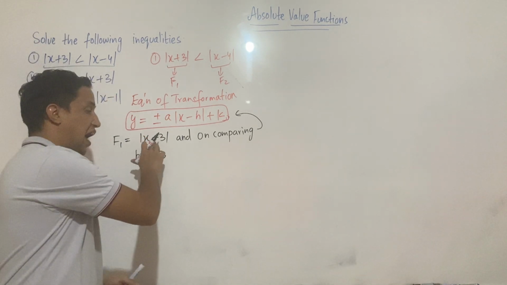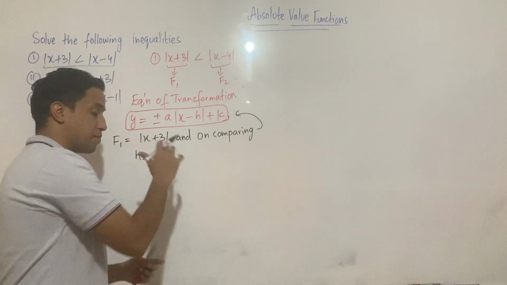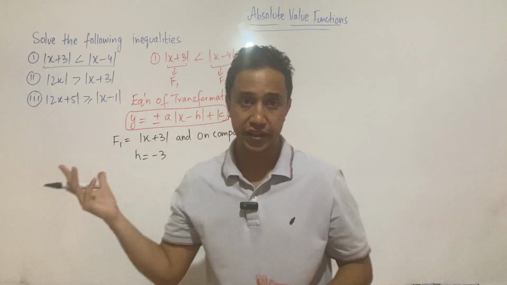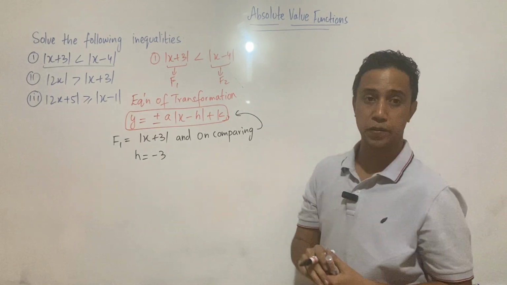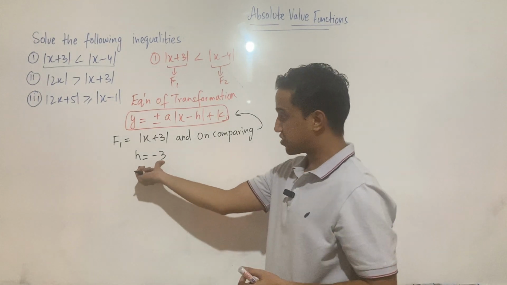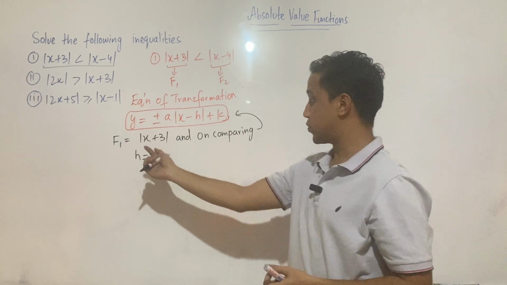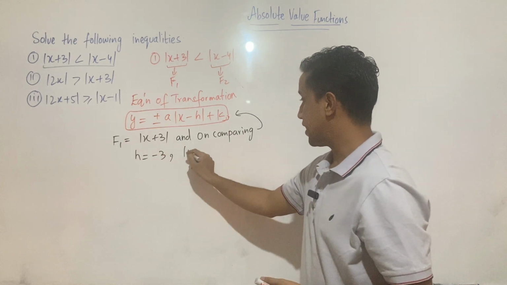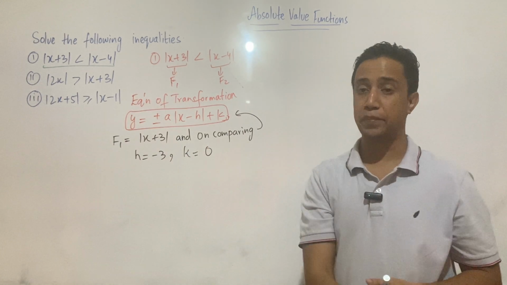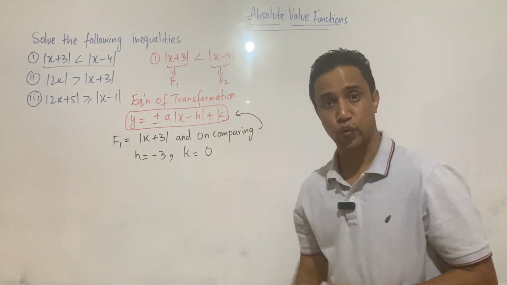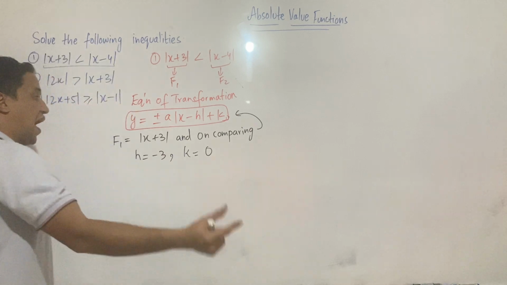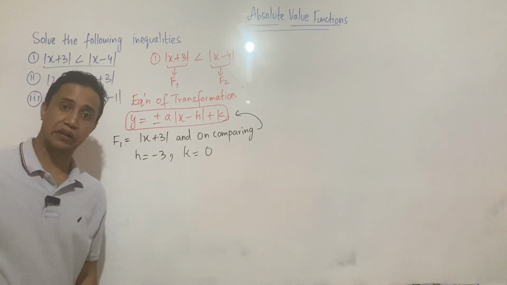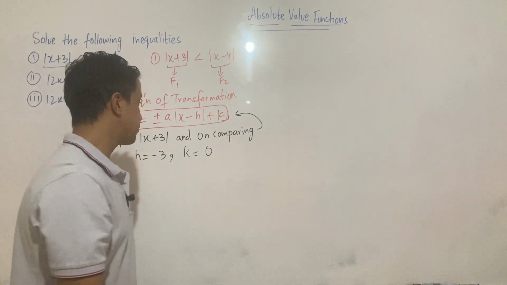Here I can break this positive 3 into negative of negative 3, right? Makes sense? So h is going to be minus 3, means your x-intercept is going to be minus 3, and your k is going to be 0, means your y-intercept is going to be 0. Okay, so I hope this thing is clear to you, right?